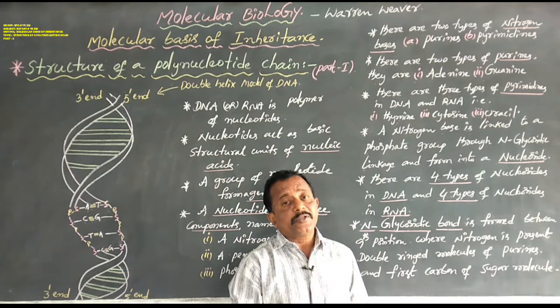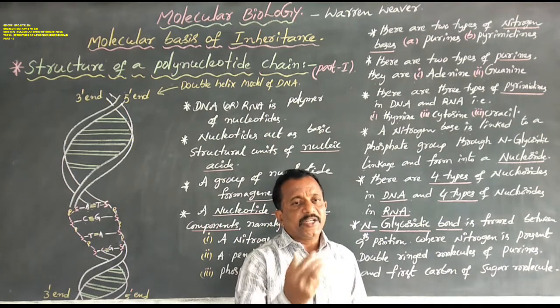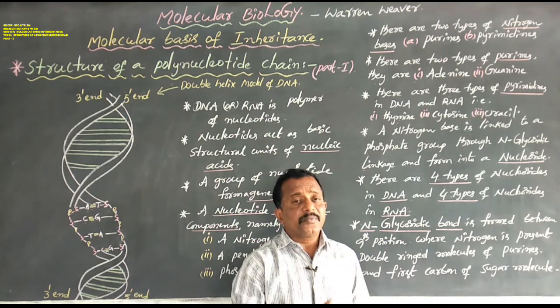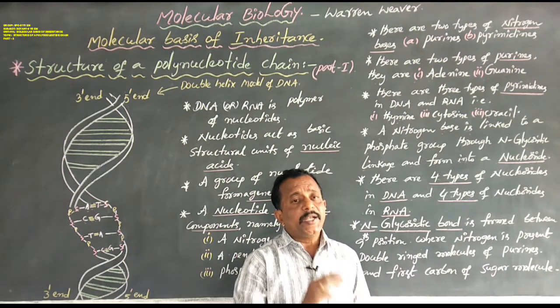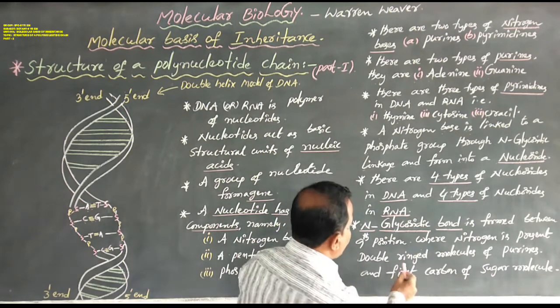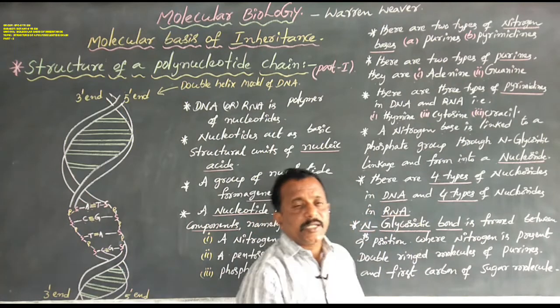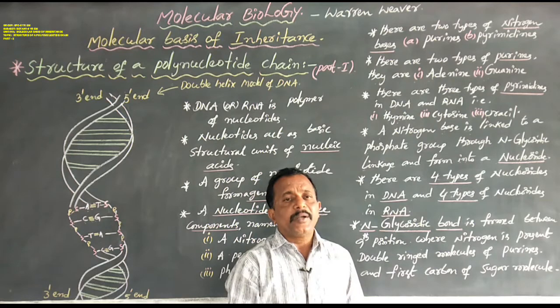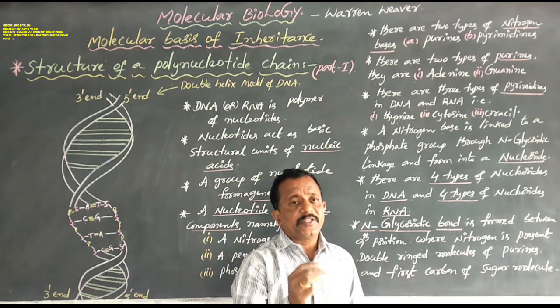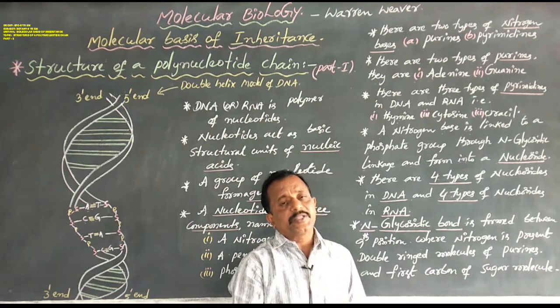And pyrimidines are heterocyclic and single ringed molecules, each one with carbon nitrogen rings. That is the difference between purines and pyrimidines.